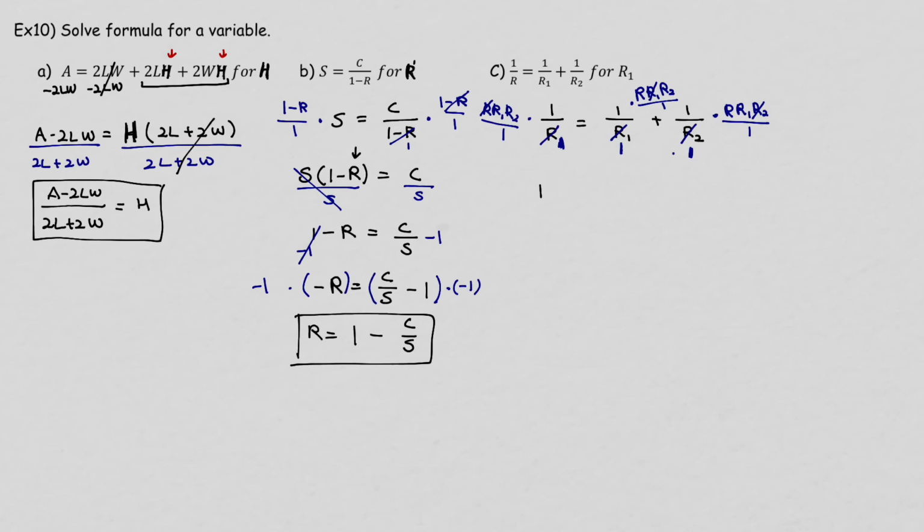I have 1 times r sub 1, r sub 2 equals 1 times r sub 2, plus 1 times r sub 1. And what are we solving for? R sub 1. So I have these two. I need to put them together on one side so I can factor it.